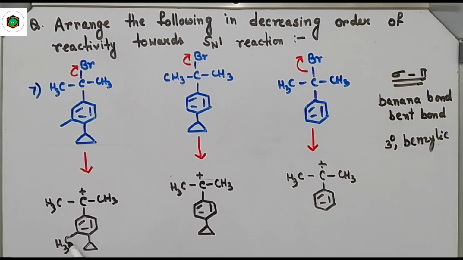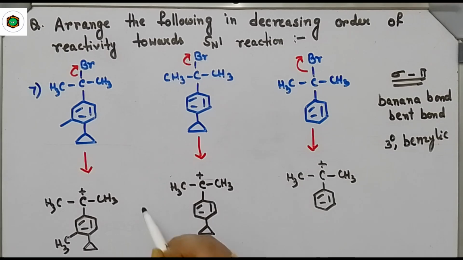And here at the meta position, methyl group is there, so it is having inductive effect. Because at meta position, hyperconjugative effect is not important. Here inductive effect, plus I effect is important, and it will stabilize this carbocation. And here CH3 group is not present at meta. So here it is not stabilizing the carbocation due to inductive effect, but it is stabilizing the carbocation due to this cyclopropane ring.